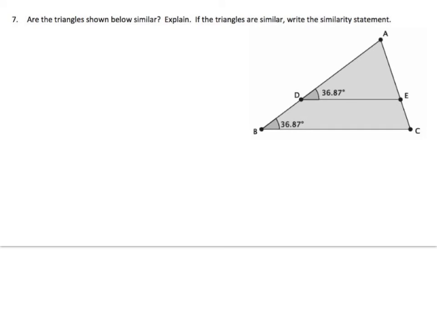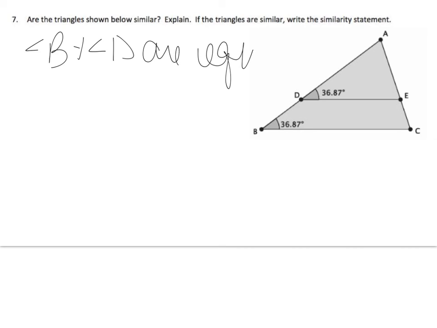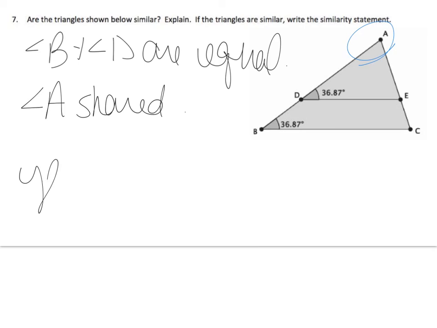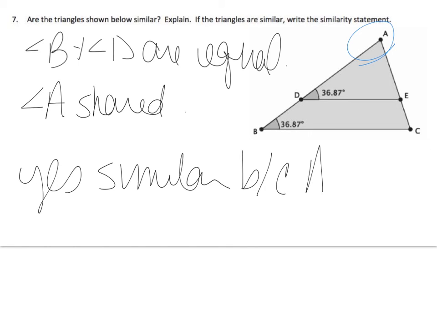If the triangles are similar, write the similarity statement. Those angles are equal, so angle B and angle D are equal. And then they share angle A. So yes, they are similar because of the angle-angle similarity criterion.